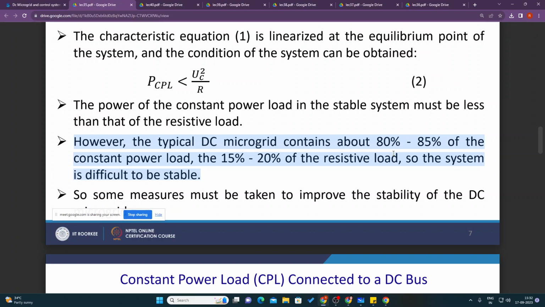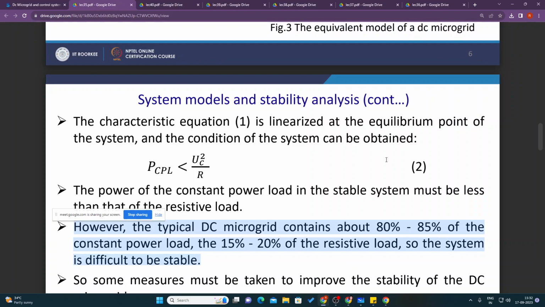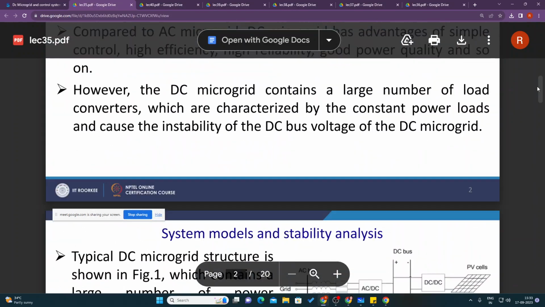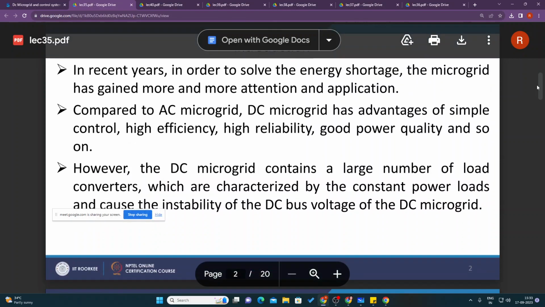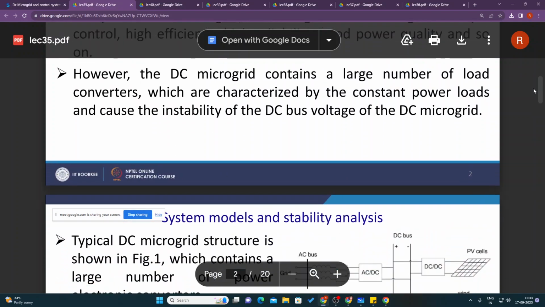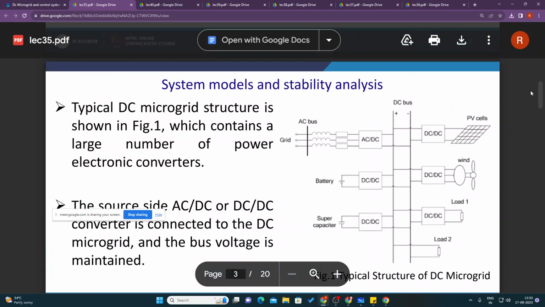But in the lectures, sir has been constantly telling that power electronic converters loads are the constant power loads. He is saying converter loads means whichever converter, inverter, and DC to DC converters are used for any application come under constant power load.